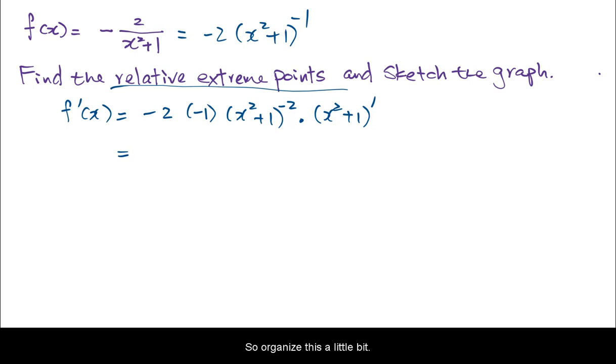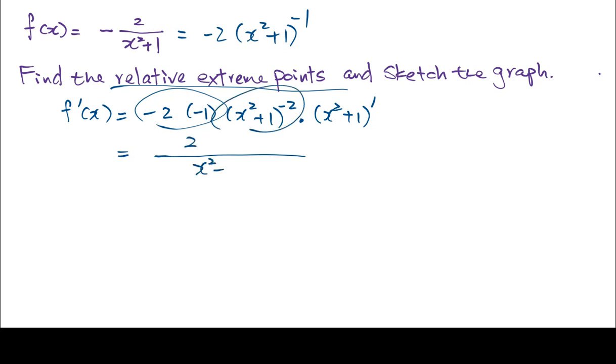Okay, let's organize this a little bit. This is a 2. This goes to the bottom. And what is this part? That is 2x, right? So multiplied by 2, that's 4x.